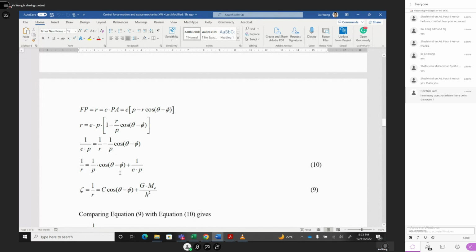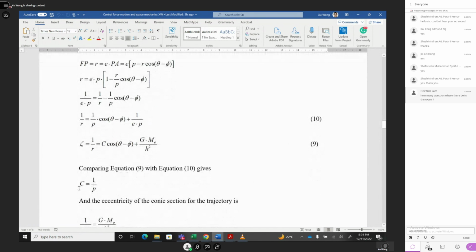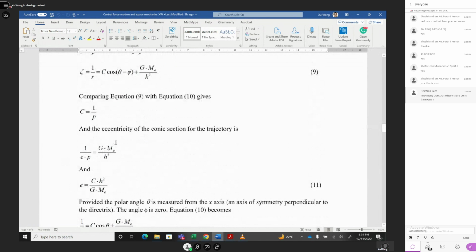So you compare this equation with equation 9. These two equations, you can simplify: C equals 1 over P, and 1 over EP should equal this one. So by comparing these two equations, you get C equal to 1 over P, and then 1 over EP equal to this one.